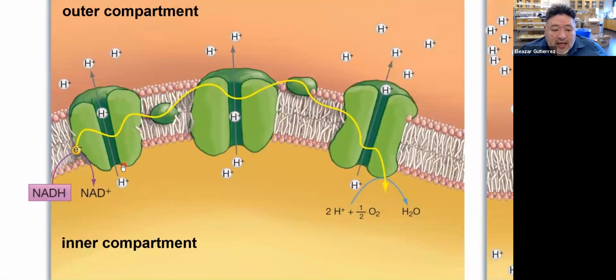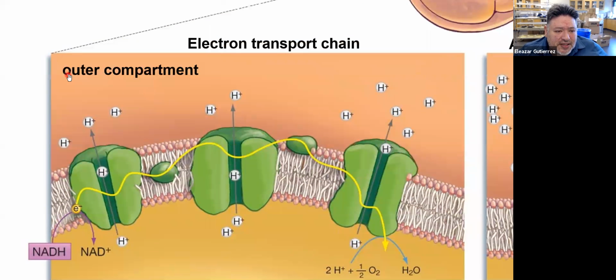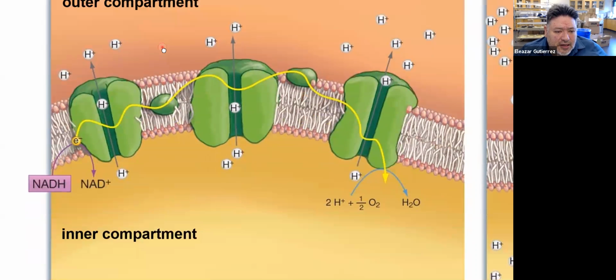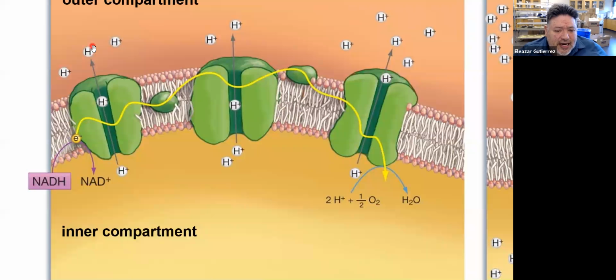Okay? Here's our NADH. See my NADH? So the NADH is delivering high energy electrons to these things, which are proton pumps. And that proton is being pumped from the matrix to the intermembrane space or outer compartment against their gradient.